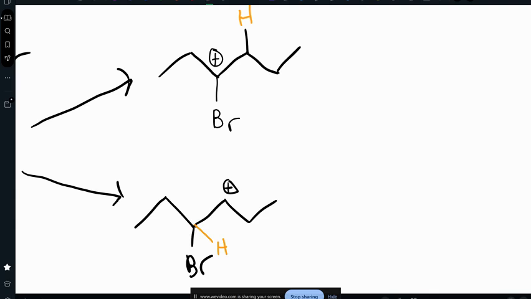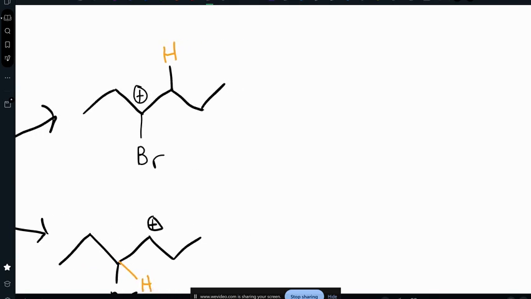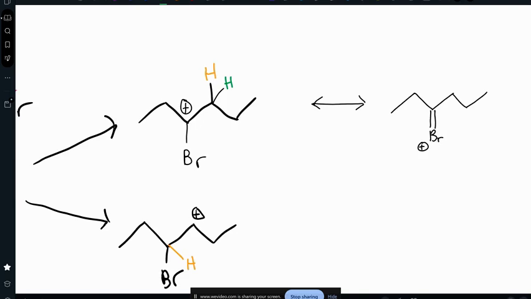And the answer is that bromine has a lone pair. So remember, if I have this carbocation, I can have an alternate resonance structure where bromine is donating electron density. I'm going to leave out the implied hydrogens. I'll include them here, but I'll leave them out in this next structure. I have an alternate resonance structure where bromine is stabilizing the positive charge.